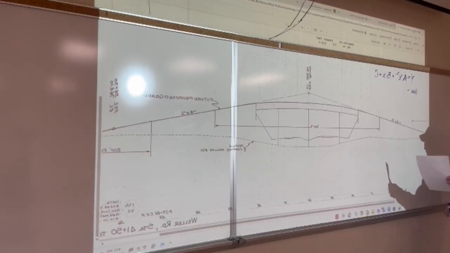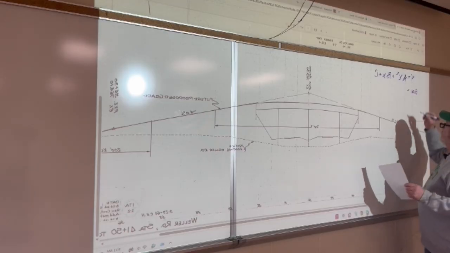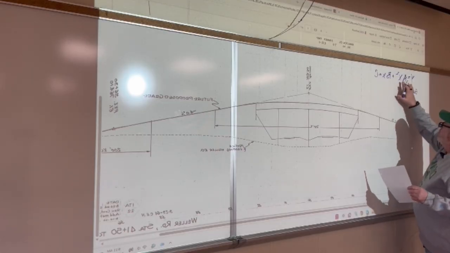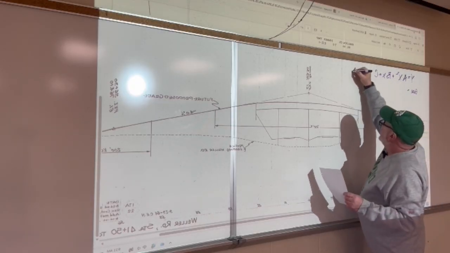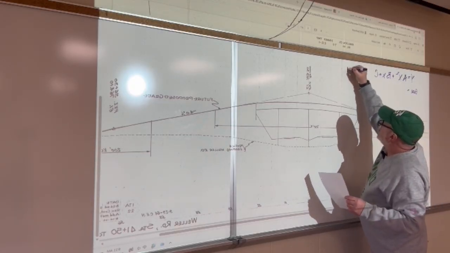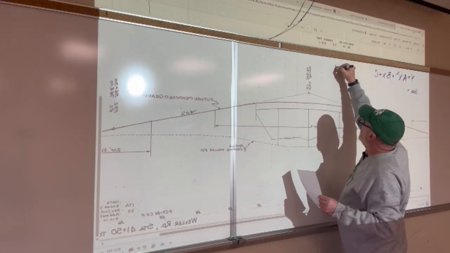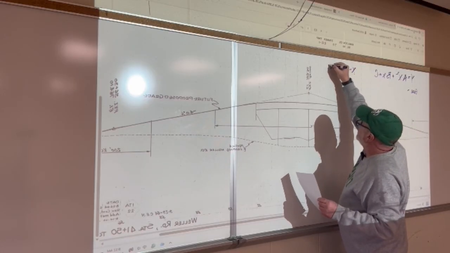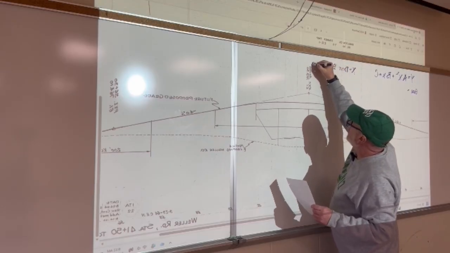A gets a little bit wonky on us here. X, I ought to specify first too. X is the distance from the BVC to the station you're solving for.